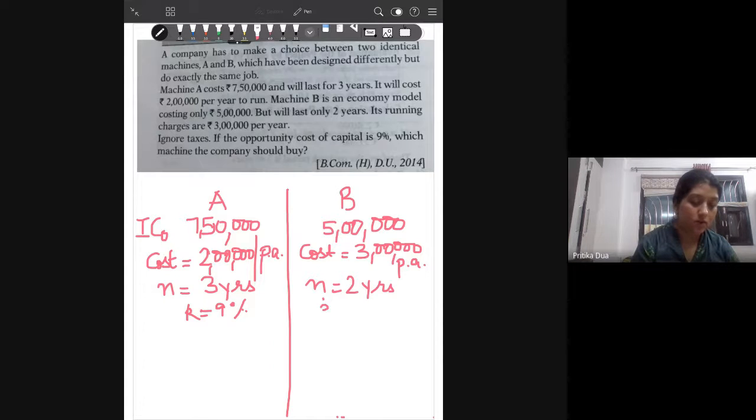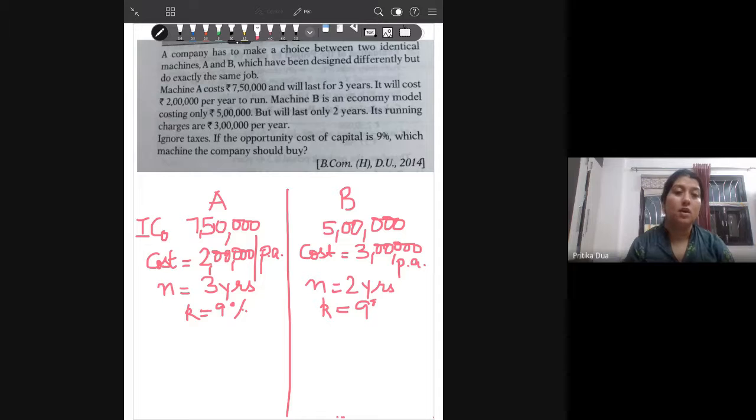So one thing to have a look at here is that you have one machine with a life of 3 years, the other with 2 years. If you go by the LCM method, you can extend their lives to 6 years by repeating the investment.